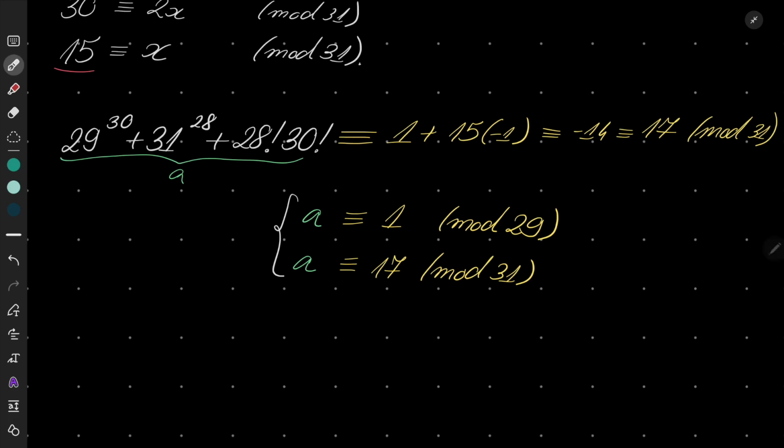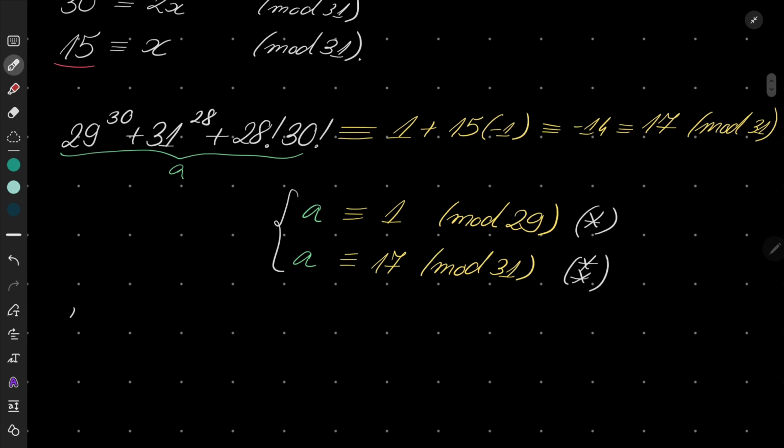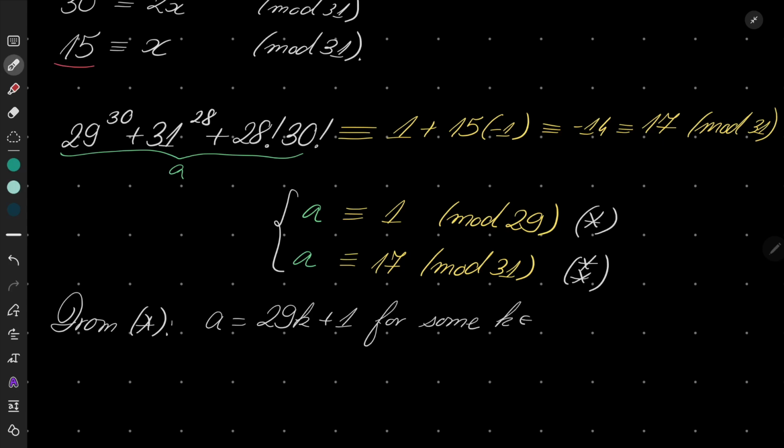So, from the first congruence, we get that A equals 29k plus 1 for some integer k.